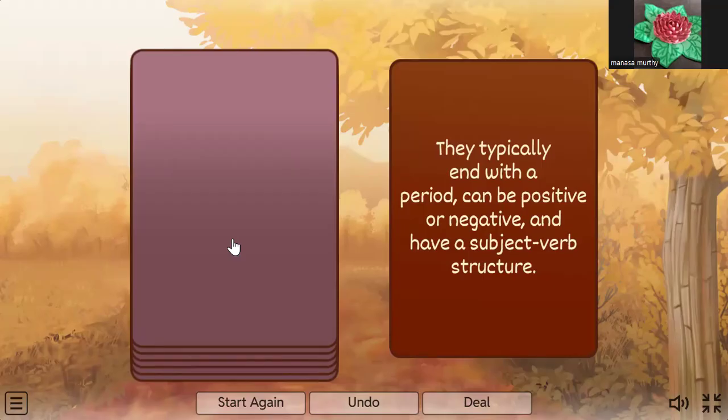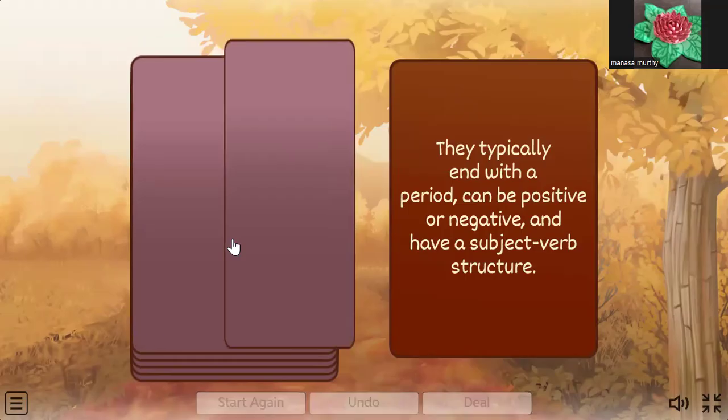The subject is whom we are talking about. The verb is the action being performed, that is, it can enunciate a state of being, be a linking verb, or be the action being performed. So typically a declarative sentence ends with a period, that means it ends with a full stop.